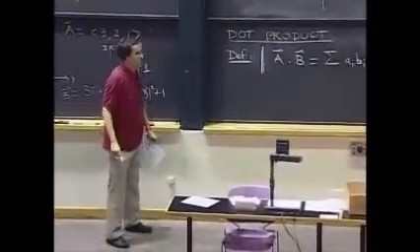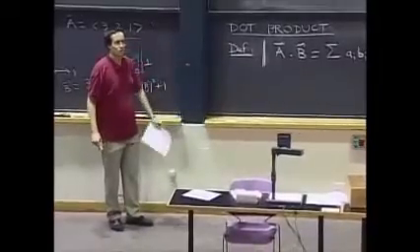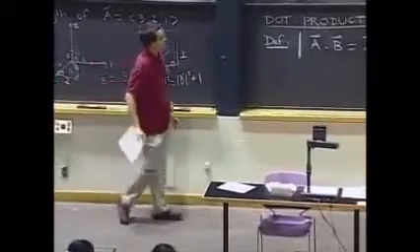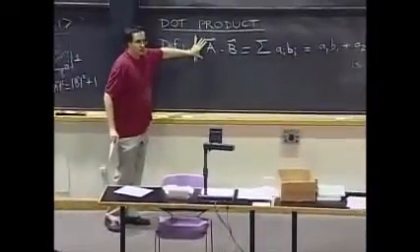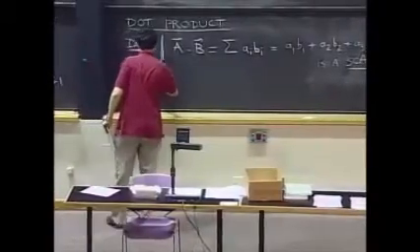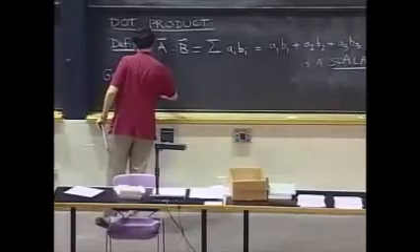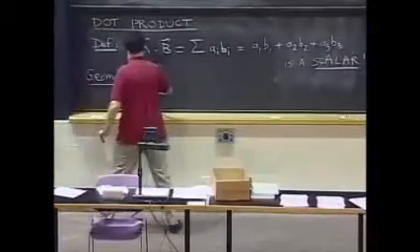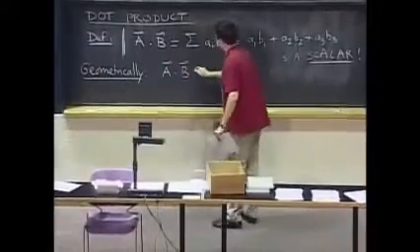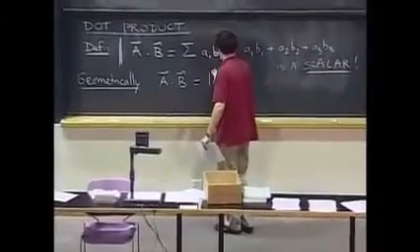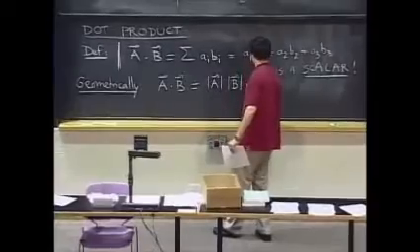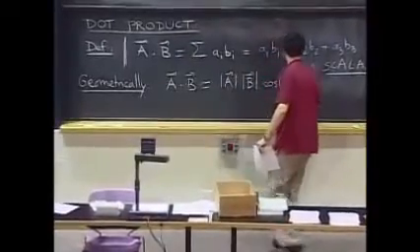What is it good for? Why would we ever want to do that? That's kind of a strange operation. So probably to see what it's good for, I should first tell you what it does geometrically. Well, what you do when you multiply two vectors in this way, I claim the answer is equal to the length of A times the length of B times the cosine of the angle between them.